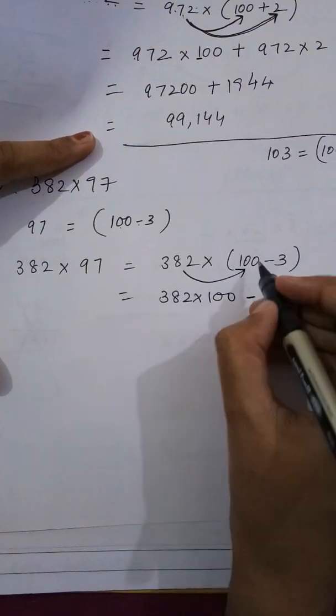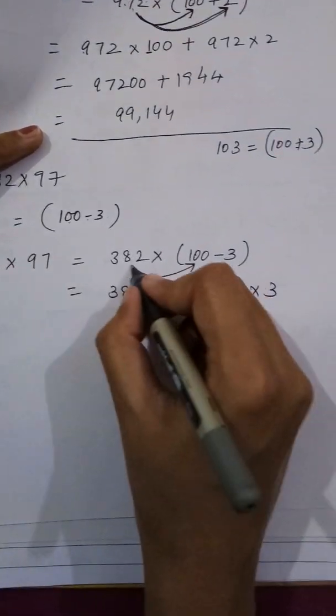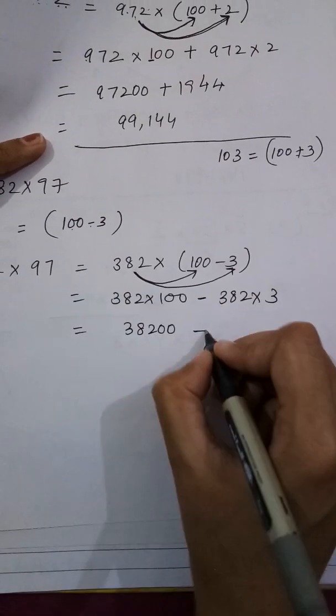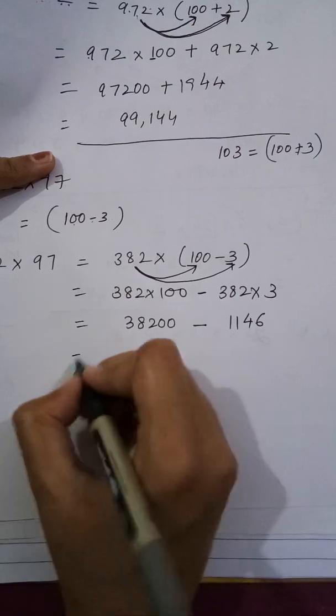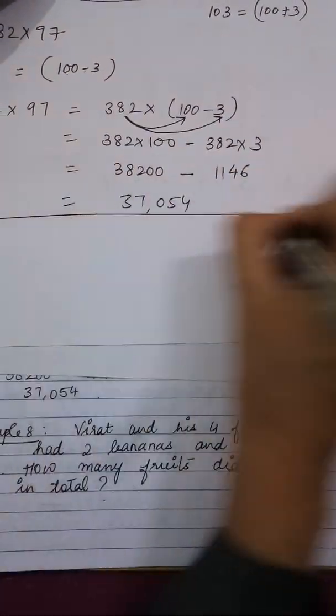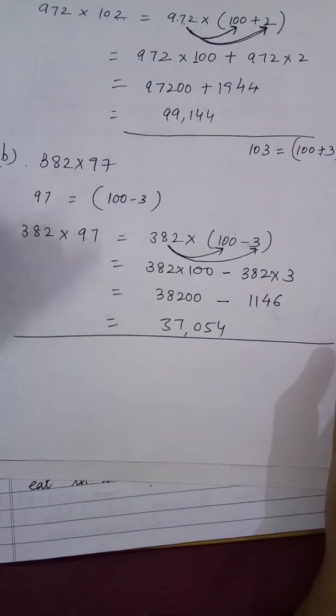Minus sign is there, so minus we will write. 382 multiplied by 3. Now this will be 38200 minus what will come? 1146, and after solving it, your answer will be 37054.